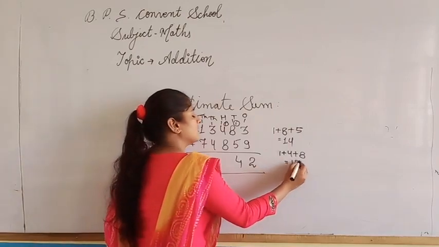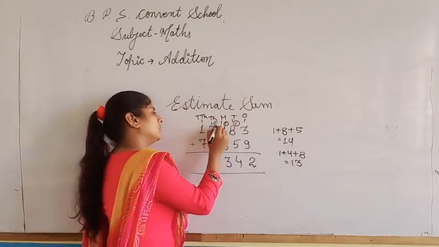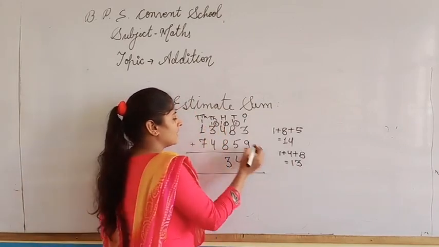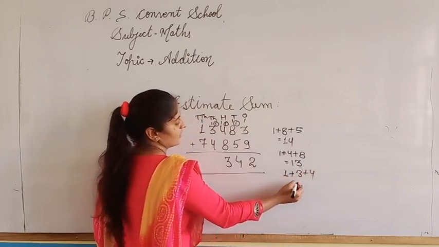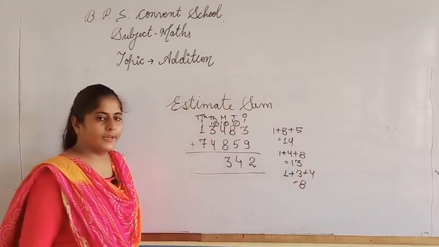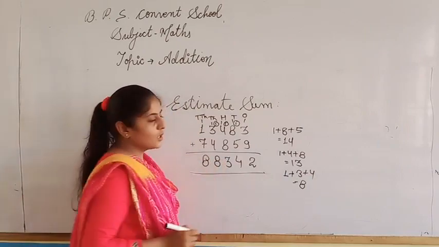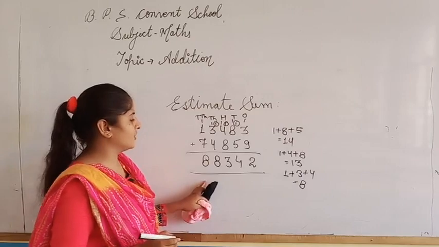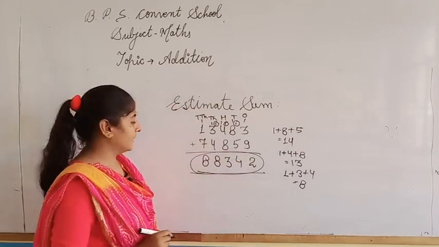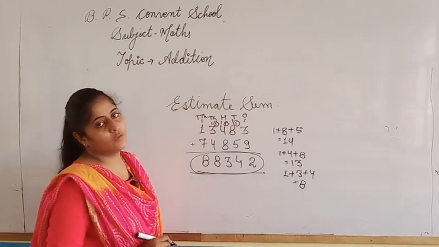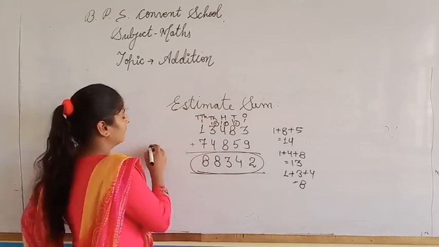Sum is 13. 3 here and 1. Next, add the thousand place digits. It's 8. Next one is 8. So the correct value of this addition is 88,342.